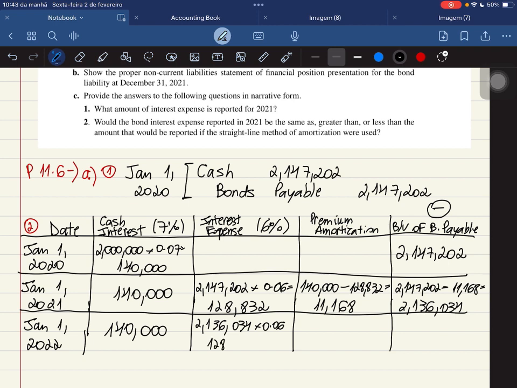Rounding down actually, 128,162. Premium amortization, biggest number minus smallest number. $11,838, and the last book value is going to be the previous book value minus the previous premium amortization.